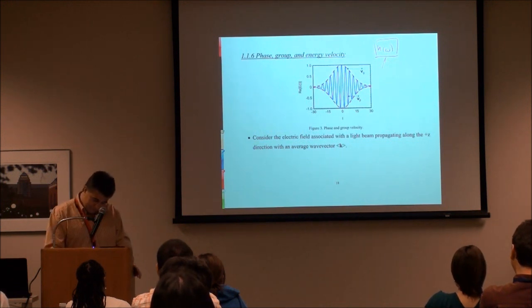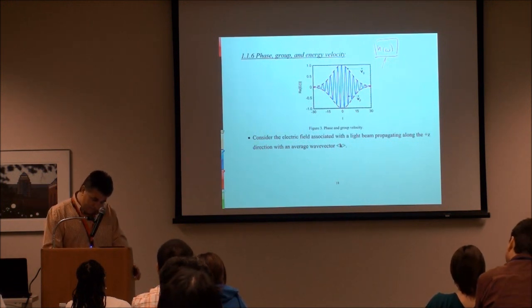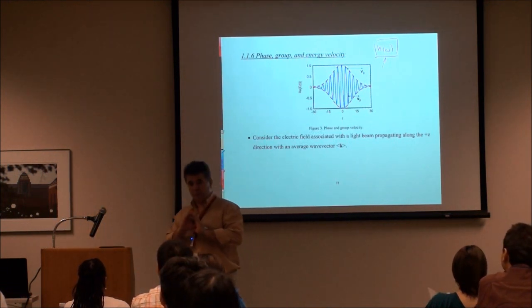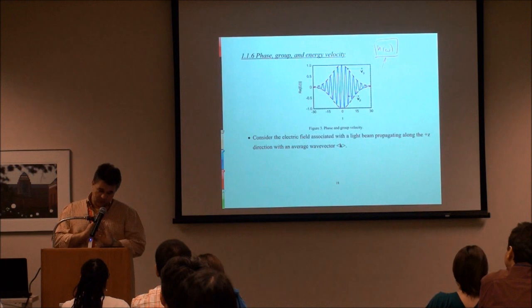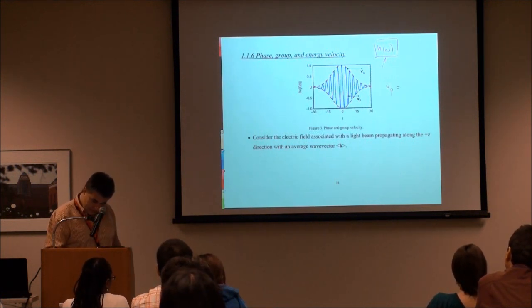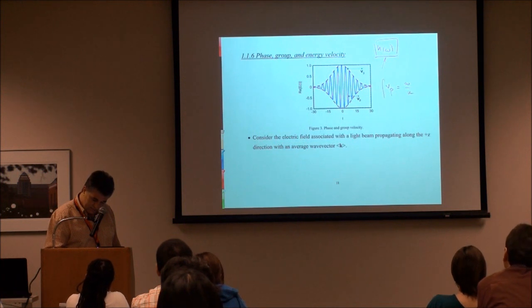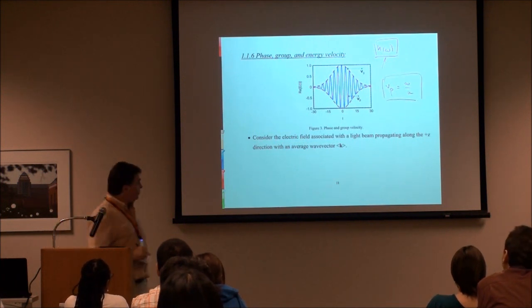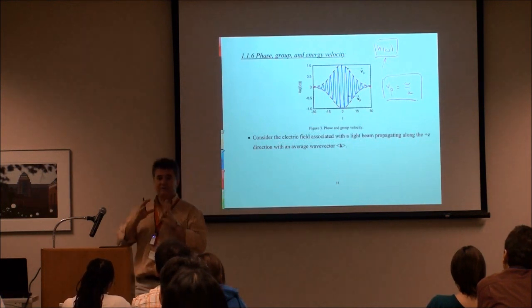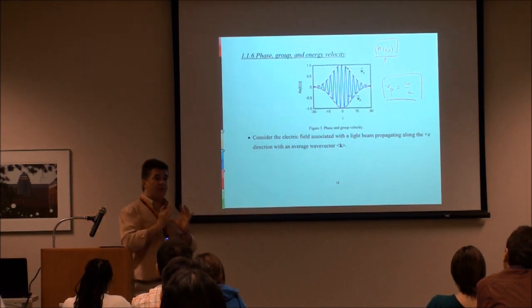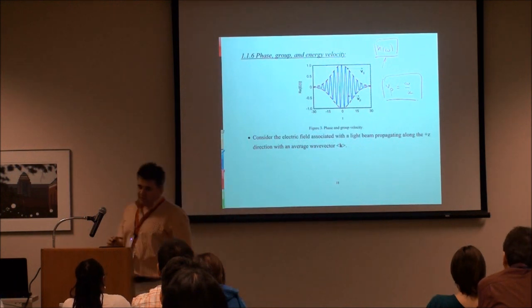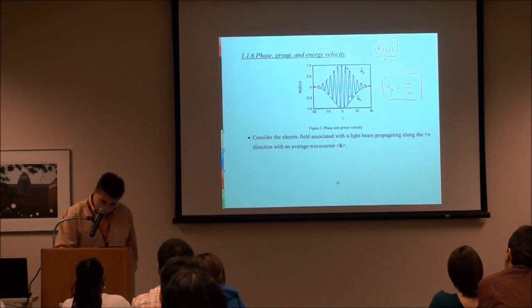One is the phase velocity. That is simply V is omega over k, end of story. The bigger question is, how does my field behave on average, as an ensemble, as a group? It turns out we can define the velocity of the whole package.